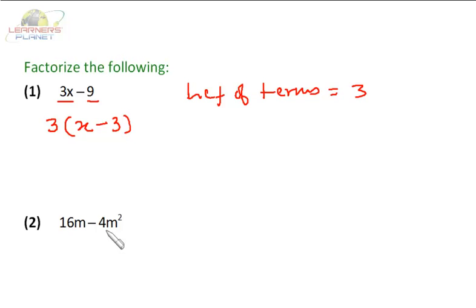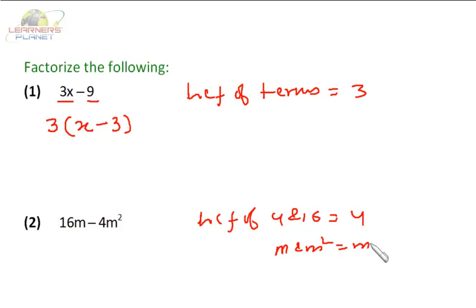Now similarly in this question, we have to find out the HCF of 16 and 4. So HCF of 4 and 16 is 4, and HCF of m and m square is m. So finally the complete HCF is 4m.